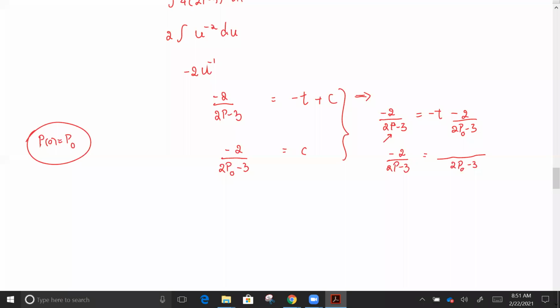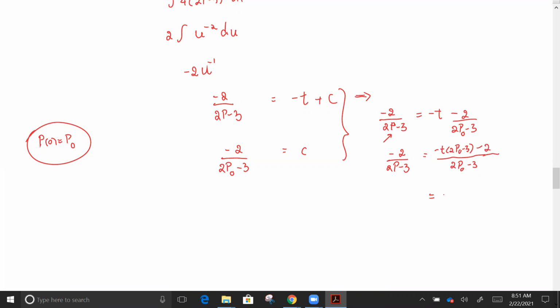Okay, with the common denominator 2P0 minus 3, and then negative t multiplied by (2P0 minus 3) divided by 2P0 minus 3. So we get negative, if I can add another step just in case you need more detail, then minus 2.